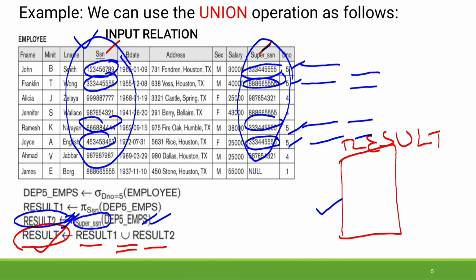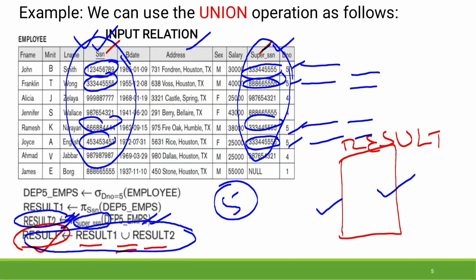Now our target is served, that is from this employee relation the social security numbers of all the employees who belong to department number 5 who are working as employees or supervisors. Their SSNs are saved in result relation. Okay. This is how union operation is used here.